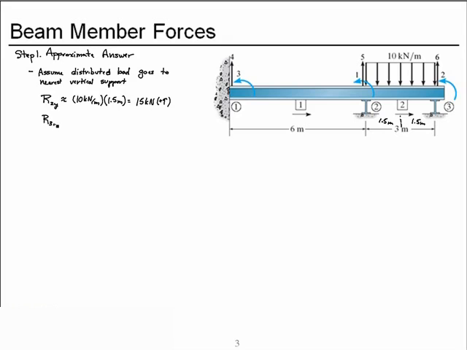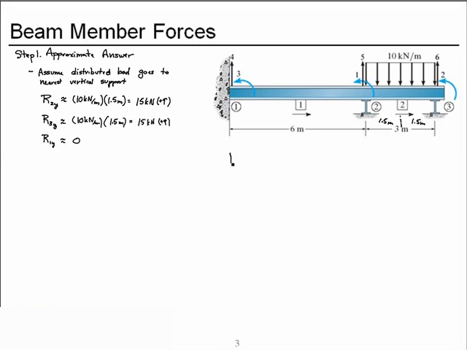The reaction at node 3 in the y direction will be approximately 10 kilonewtons per meter, 1.5 meters, so also 15 kilonewtons up. That means that reaction 1 at node 1 in the y direction will be about 0.